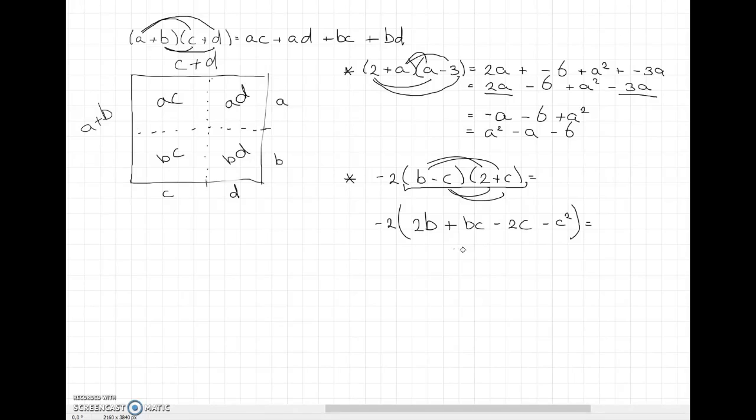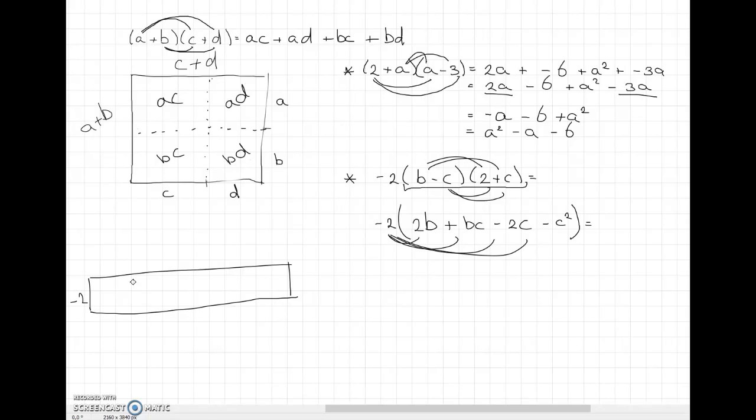The only thing that we have to do now is multiply this whole expression with negative 2, and we do that by multiplying negative 2 with each of the separate terms, which you can see by looking at a very long rectangle with one side negative 2 and the other side divided up into 2b, bc, negative 2c, and negative c squared.